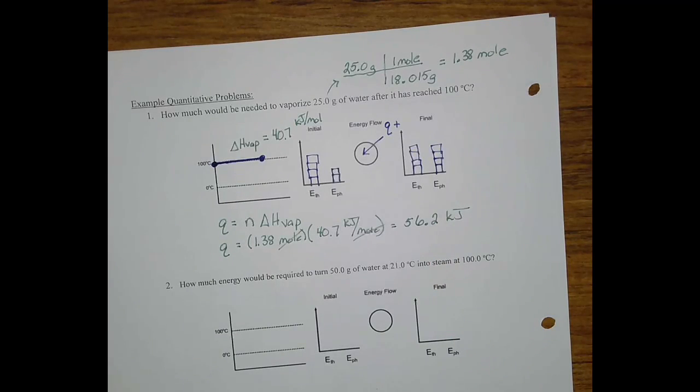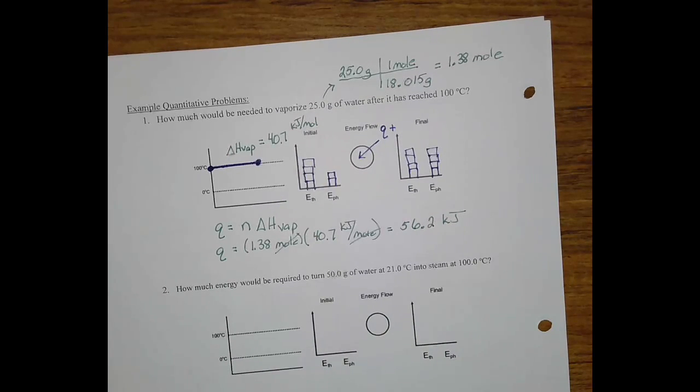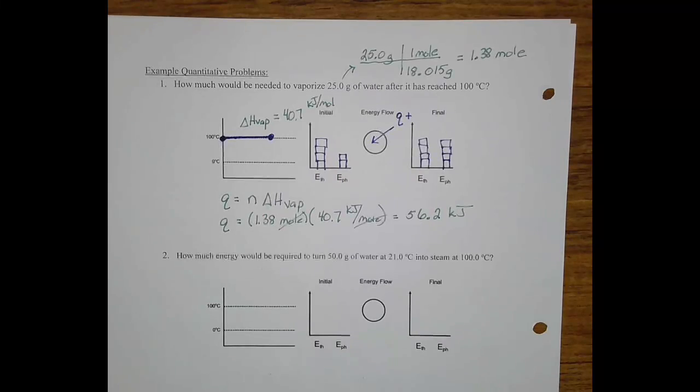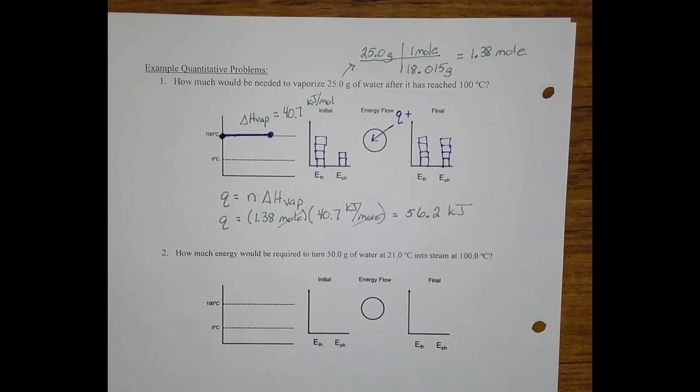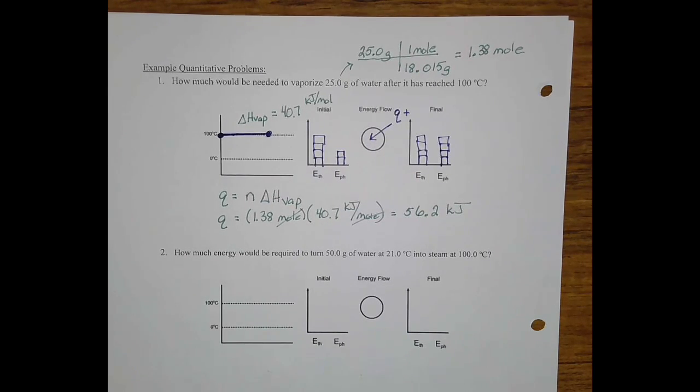It's going to take 56.2 kilojoules to vaporize that water. And we're going to be stuck at 100 degrees until that 56.2 kilojoules has been applied to the system. That's the simplest variety. One segment of the graph needs to be traversed.